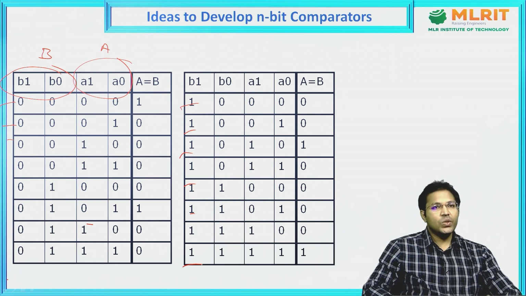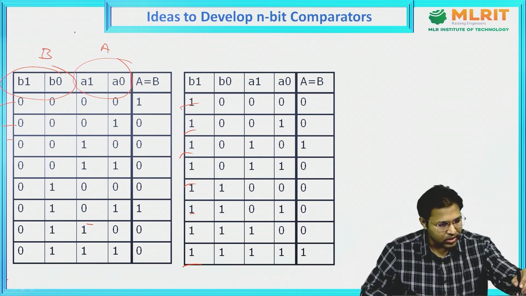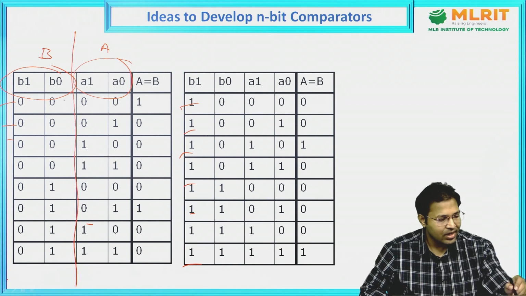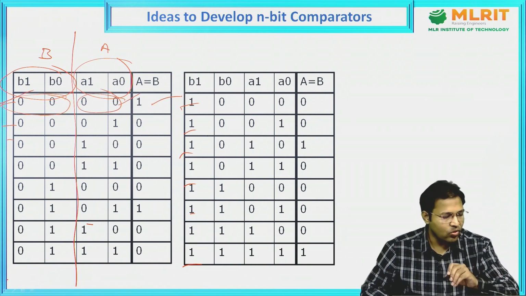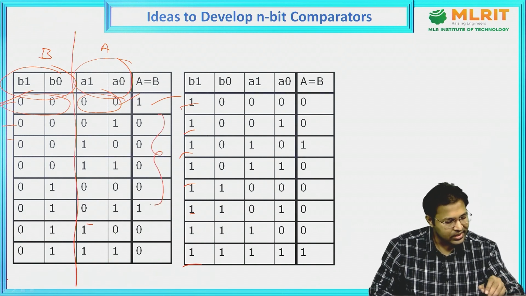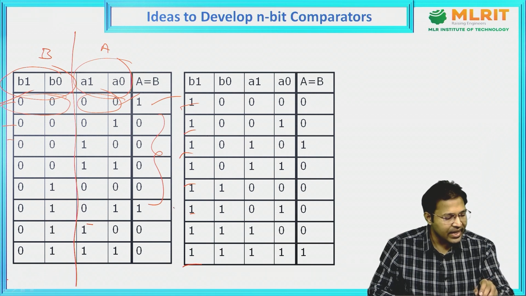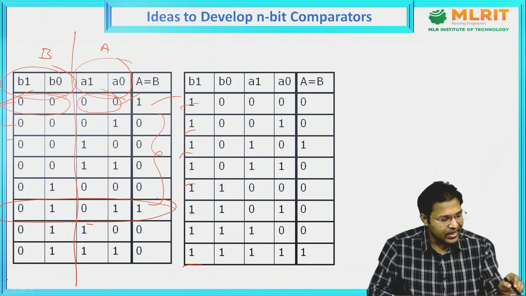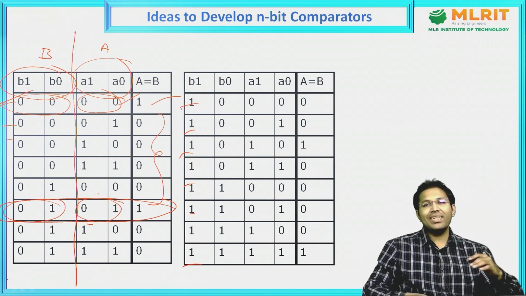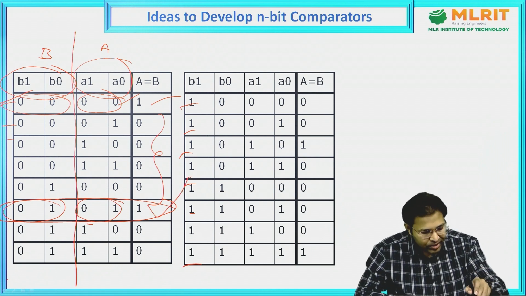Now what we need to do here is compare whether A is equal to B or not. If they are equal, we put 1; this is 0, 0, this is 0, 0, and so on. In the rest of the cases the condition is not satisfied. Again in this case, A is 0, 1 and B is also 0, 1, meaning A is equal to B, so we put a 1 here.